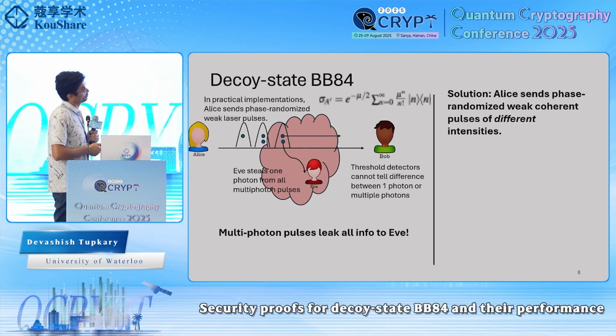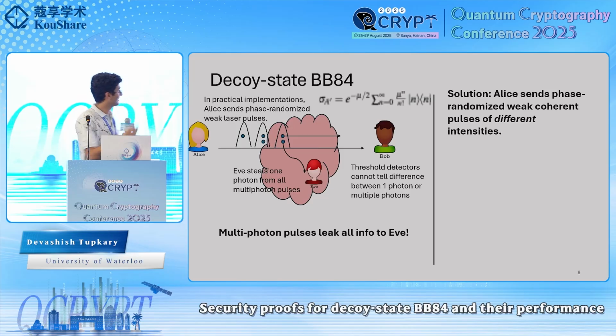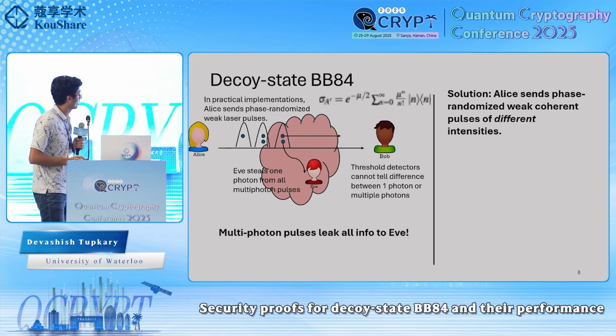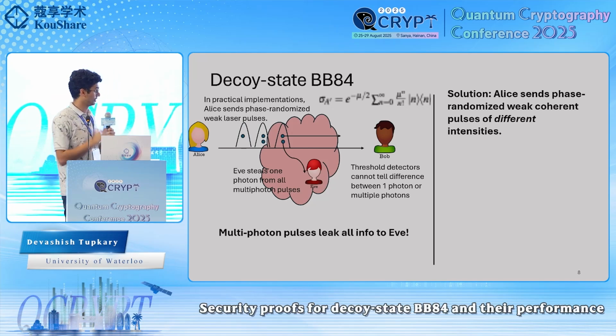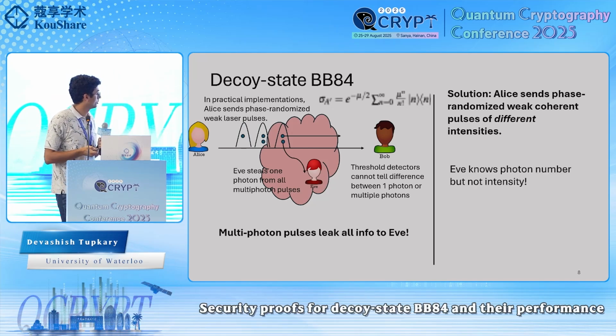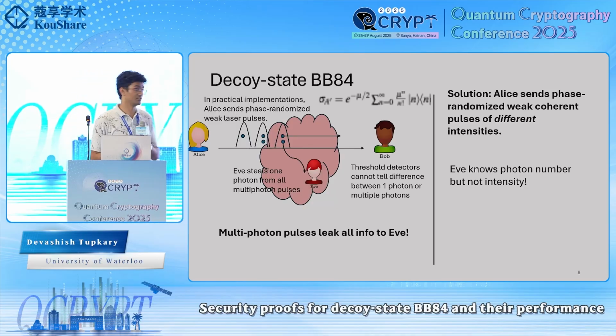Okay? There's a solution. We're going to make Alice send phase randomized coherent pulses of different intensities, which are randomly chosen. Eve knows the photon number. She can check what comes out of Alice's lab, but Eve does not know the intensity.